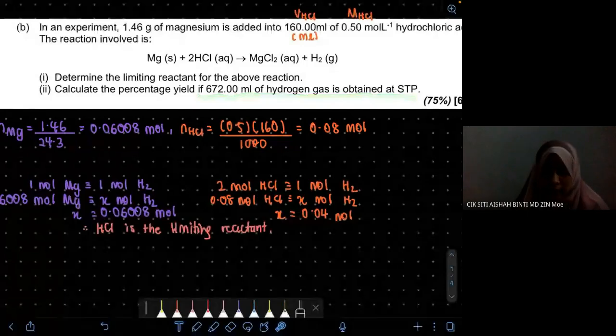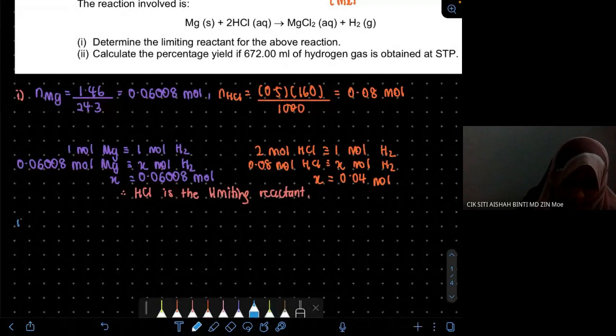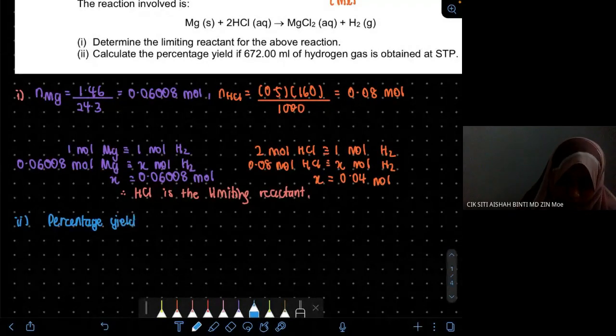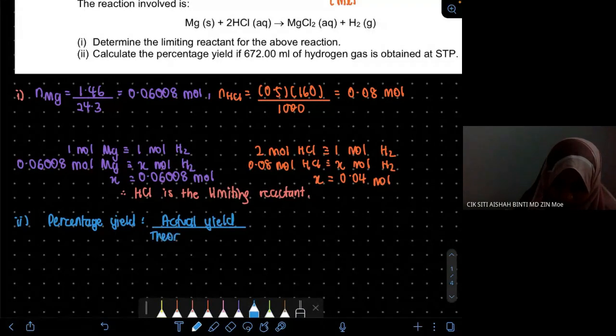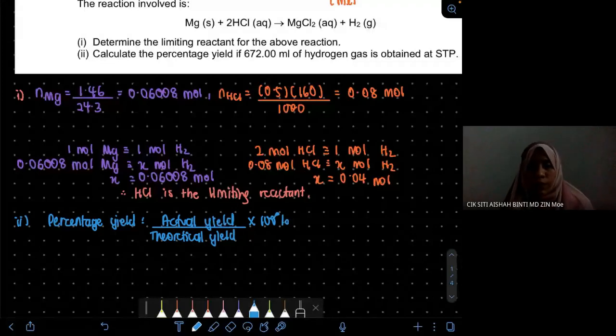So percentage yield tu, formula dia is actually percentage yield is equal to actual yield divided by theoretical yield, times 100. Ada percentage kan, so we have to multiply by 100%.